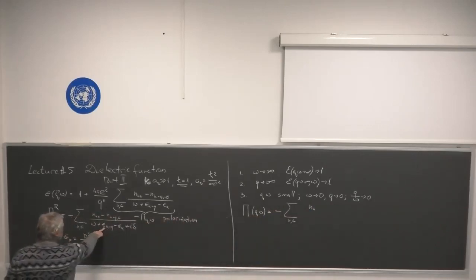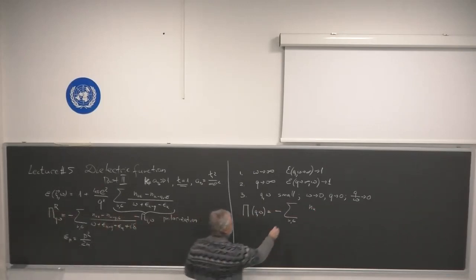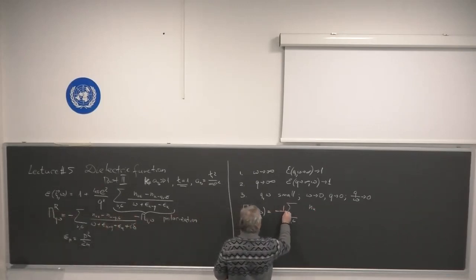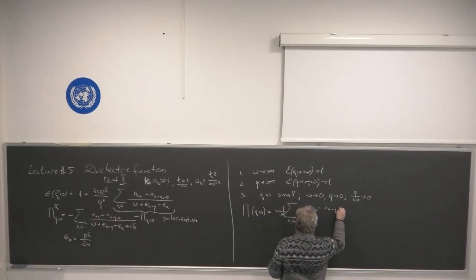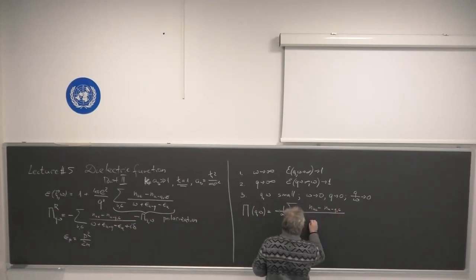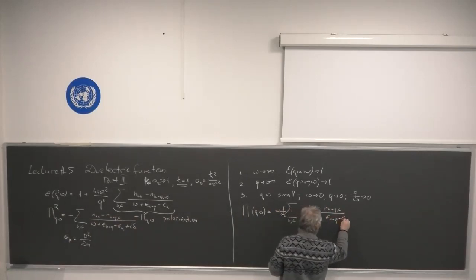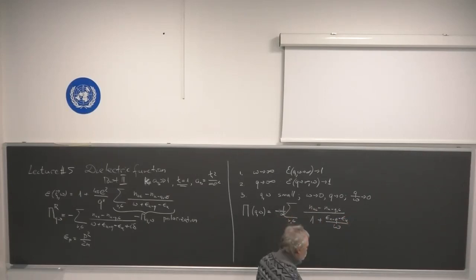Let me take this expression and take omega out of the bracket: n_{k sigma} minus n_{k minus q sigma}, divided by 1 plus (epsilon_{k minus q} minus epsilon_k) divided by omega. You see that what I did, I divided numerator and denominator by omega, and there is no approximation anymore.